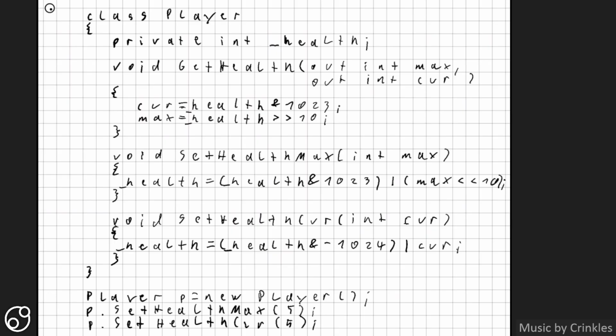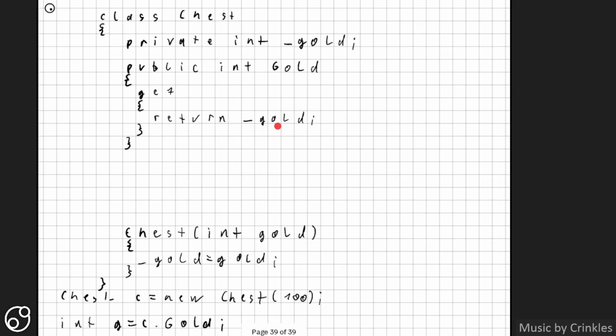But if it's just something simple as this, just a few operations, or maybe just setting the value directly, reading that, use a property. Of course, that's only necessary when you do any processing at all, or if you want to limit the access to a variable like this.